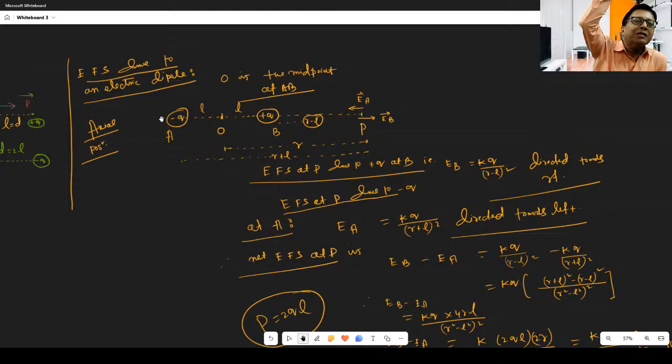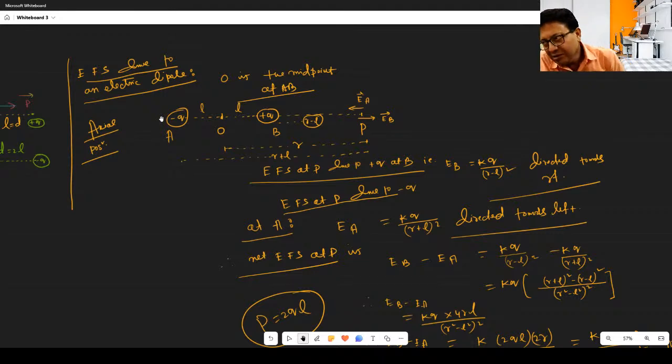Whenever you consider strength of electric field, you do it for calculation purpose with 1 coulomb charge. For definition purpose, a vanishingly small test charge per unit. So here, when you take the point on the right side of B, towards right, left side of A, towards right. What about the point in between?